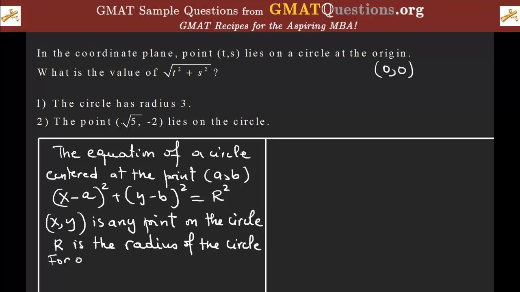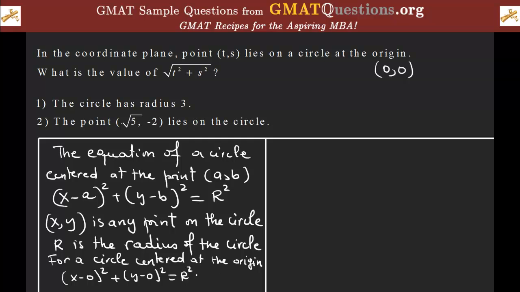So for a circle centered at the origin, we have the equation (x minus 0) squared plus (y minus 0) squared equals r squared, obviously because (0, 0) is the center.